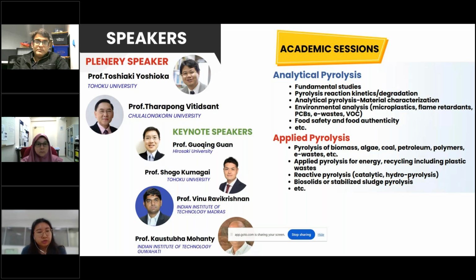Moreover, we have keynote speakers, Professor Pu and Professor Kumagai from Japan, also Professor Winmu and Professor Mohanty from India. In addition, we also have invited speakers from Malaysia, Indonesia, and Canada.